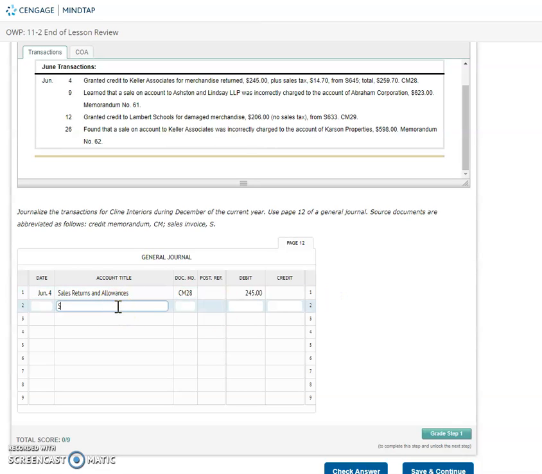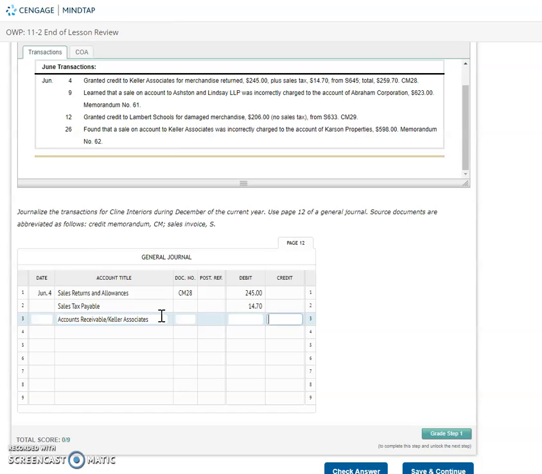Next, I'm going to make a debit to my sales tax payable. Remember, I want to get rid of that sales tax so that I'm not paying sales tax for something that was returned to us. So that's going to be this smaller number here, $14.70. Okay, and then I need to credit my accounts receivable / Keller Associates.